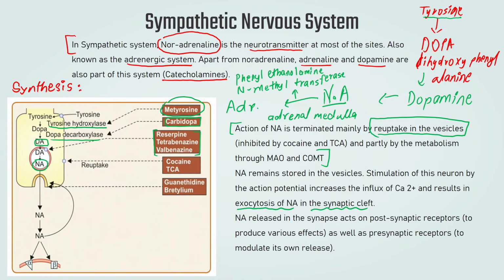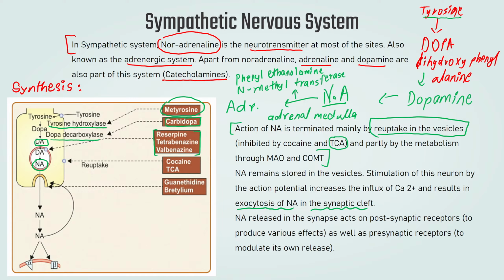Vesicle reuptake. This step is inhibited by cocaine and tricyclic antidepressants, TCA. So if reuptake is inhibited, it will lead to prolonged action or excess action of noradrenaline.